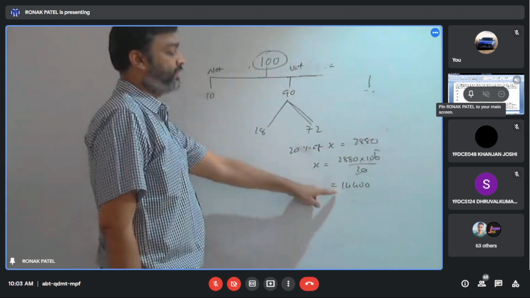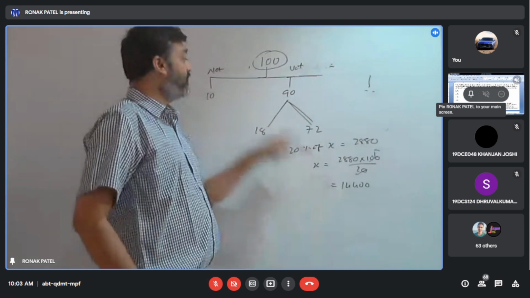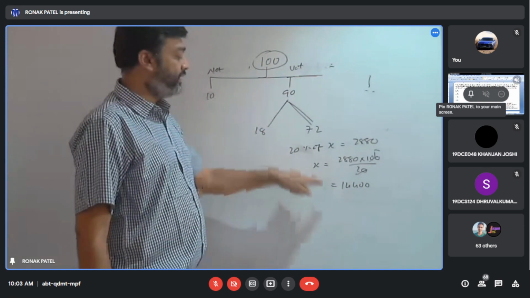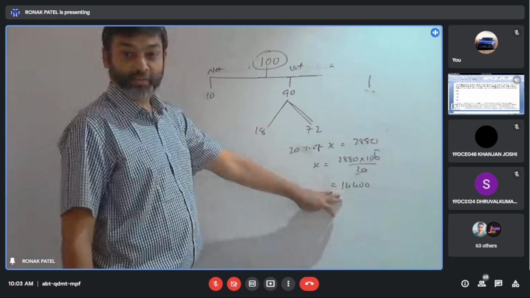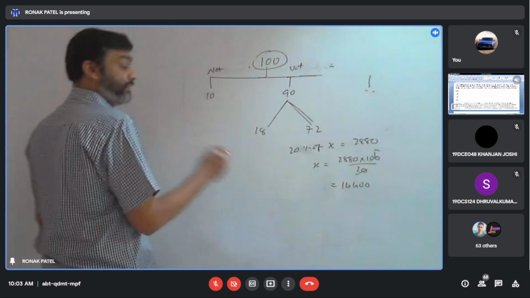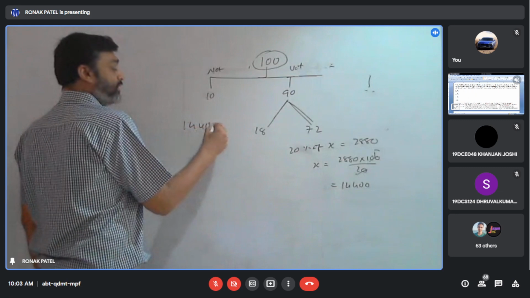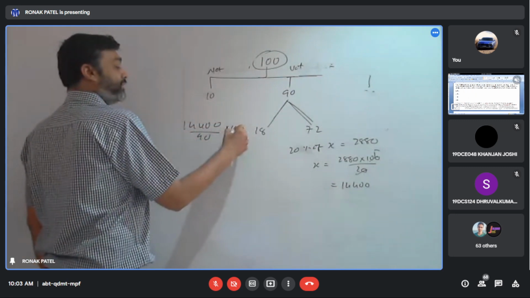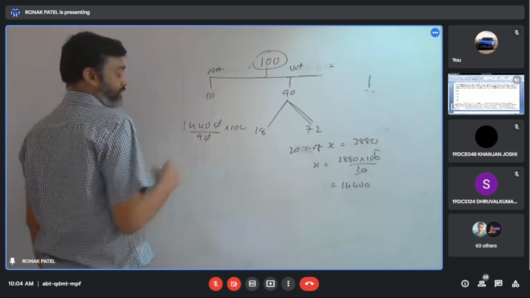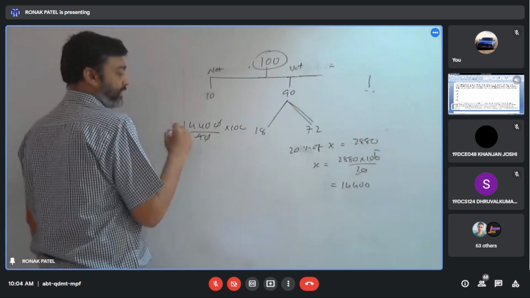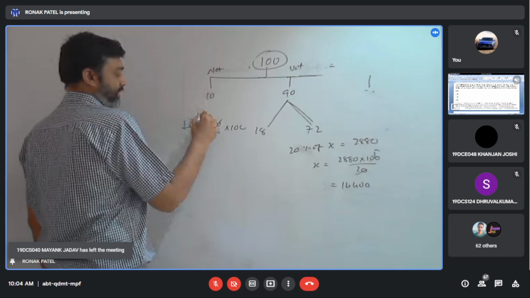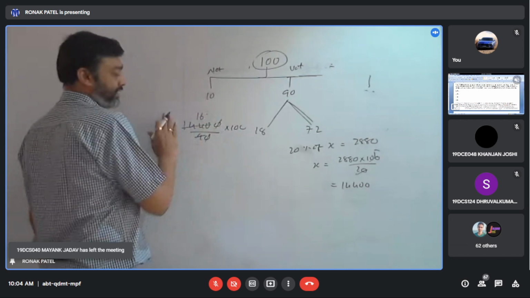But what they asked is 90%. So if they ask the total residents of the society, we take 14400 upon 90% of 100, which is 14400 divided by 90 into 100, and the answer will come 16,000.